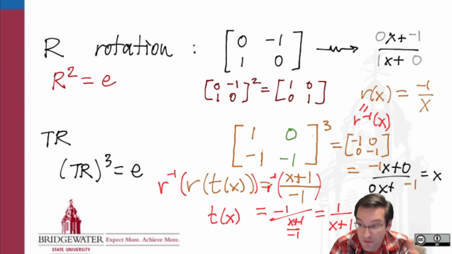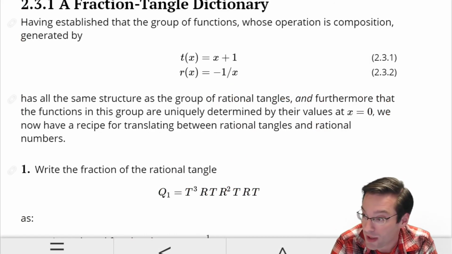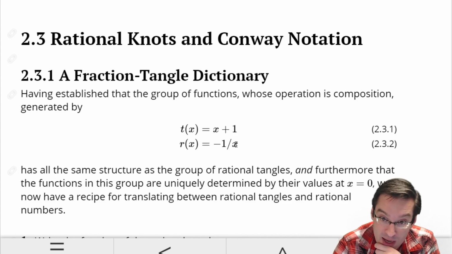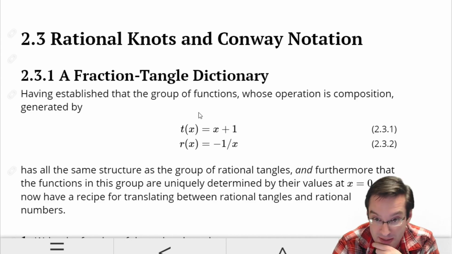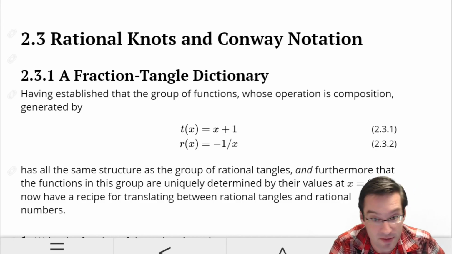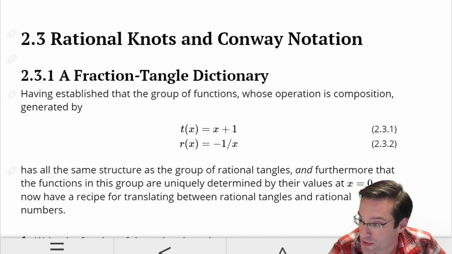And since there's a lot of different choices we could make, and we want to have one that we can all sort of agree upon moving forward, we can check that one of them that we can all agree upon is the choices that we see here, that we represent the twist by adding 1, t of x equals x plus 1, that has infinite order. We represent the rotation by the opposite reciprocal function, minus 1 over x. And we can check that if we do r followed by t, that's going to give me a function which, when you compose it with itself 3 times, gives me the identity function, e of x equals x. Right? And so that's where the story resumes for today.